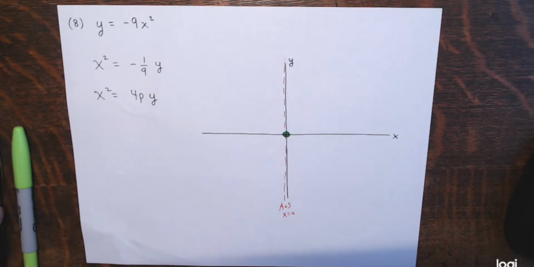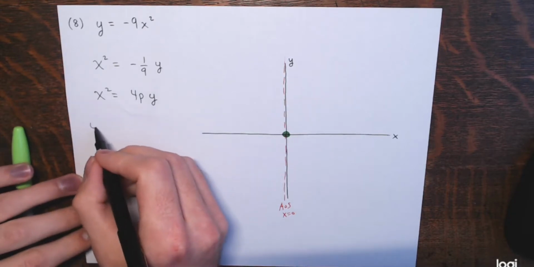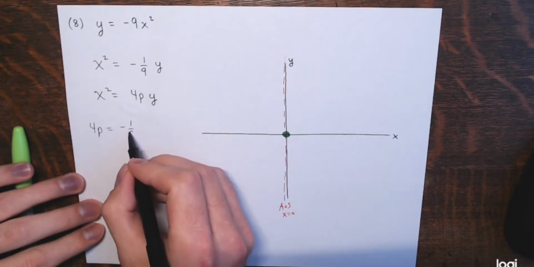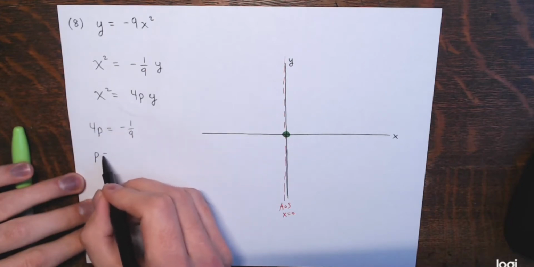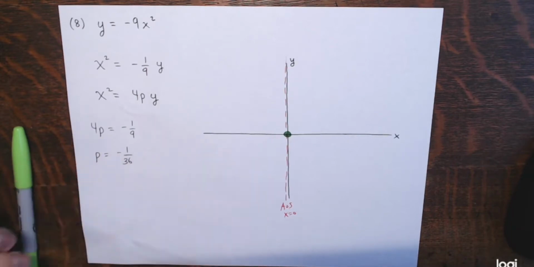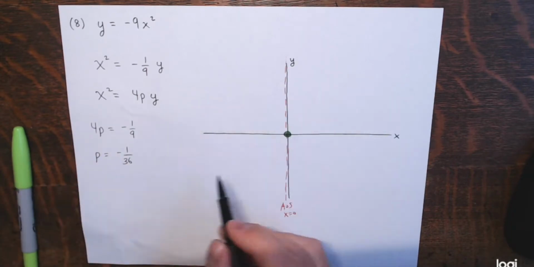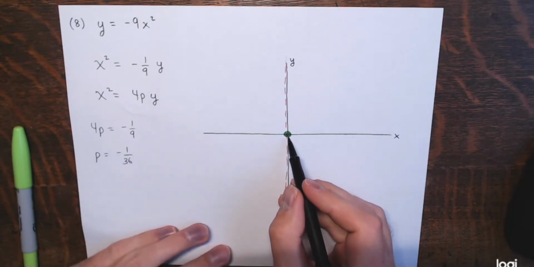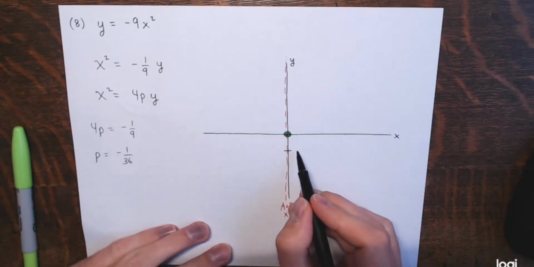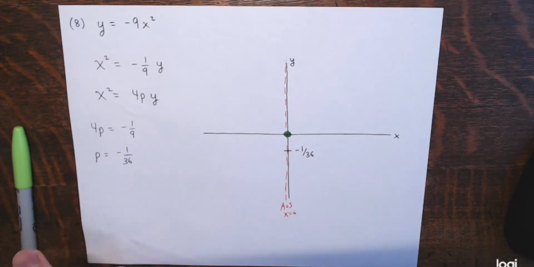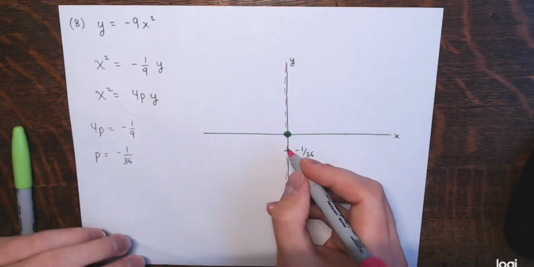Now the value of 4p is -1/9 this time. So the value of p is -1/36. And when we're talking vertical, negative means down, right? From the vertex, I go down 1/36 of a unit, right? So there's -1/36, and that's where the focus will be.